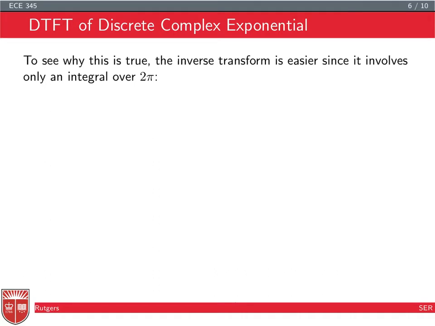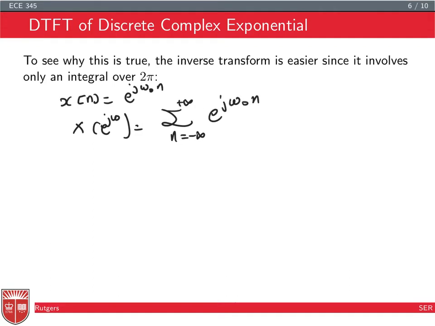Now, why is this formula correct? If you look at the signal x of n, which is e^{j omega 0 n}, and you try to do it the regular way, by applying the formula, you're going to get X(e^{j omega}) equal to the sum from n equal minus infinity to plus infinity of e^{j omega 0 n} e^{-j omega n}.